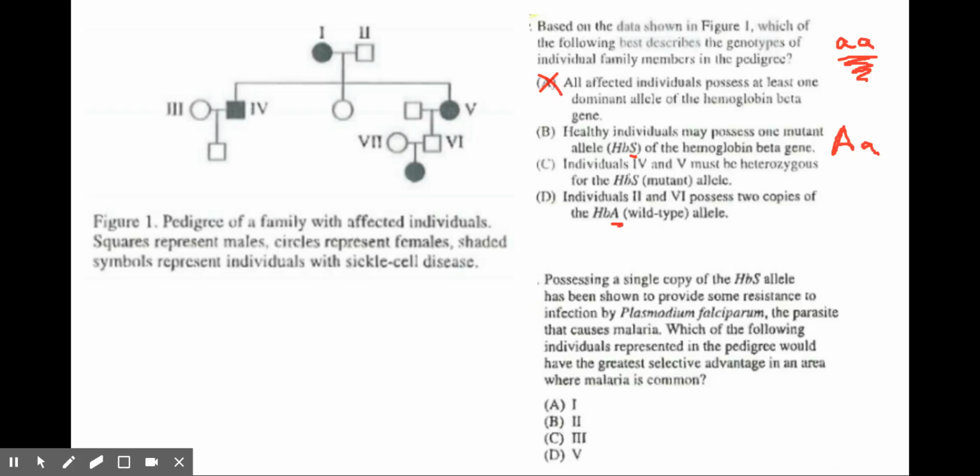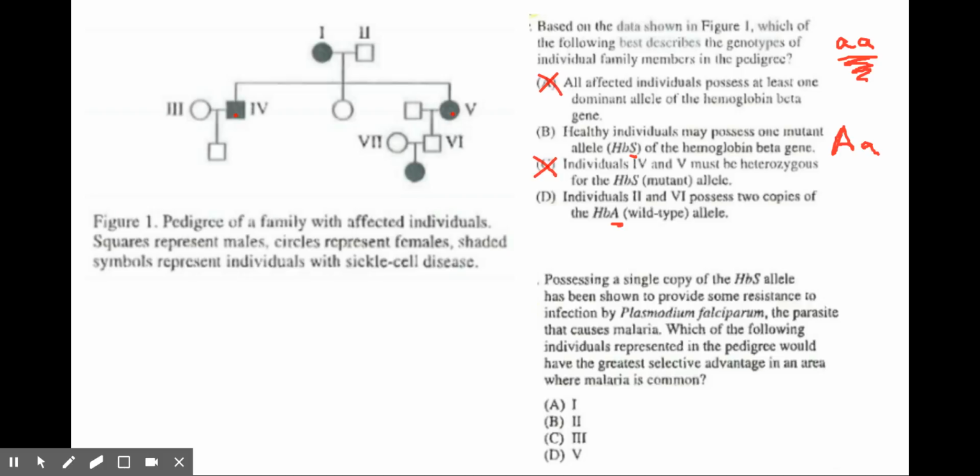C, individuals 4 and 5 must be heterozygous for the mutant allele. 4 and 5 both have it. So are they heterozygous? And the answer is no. If they have it, they have to be homozygous recessive.